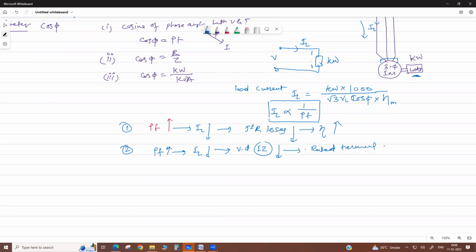It means good performance. If the motor terminal voltage is decreased, then the motor draws more current, and there are further increased losses.